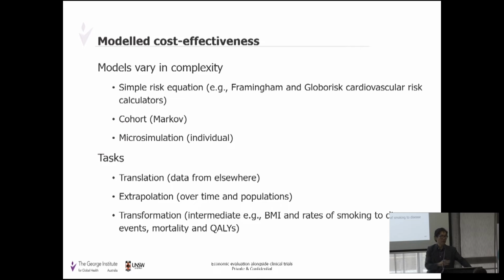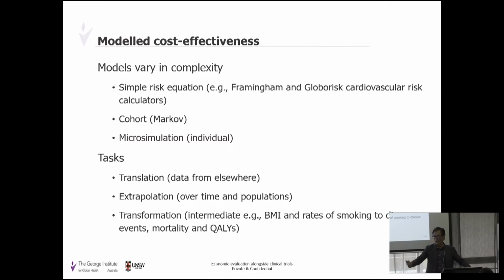That's a time thing: predicting what current outcomes are now, in terms of, say, reductions in risk, and how that will pan out over a 20-year period in terms of reductions in events. The third role of modelling is transforming outcomes. You might have changes in risk factors now, but you want to transform that into QALYs and life years saved. Modelling enables you to do that.